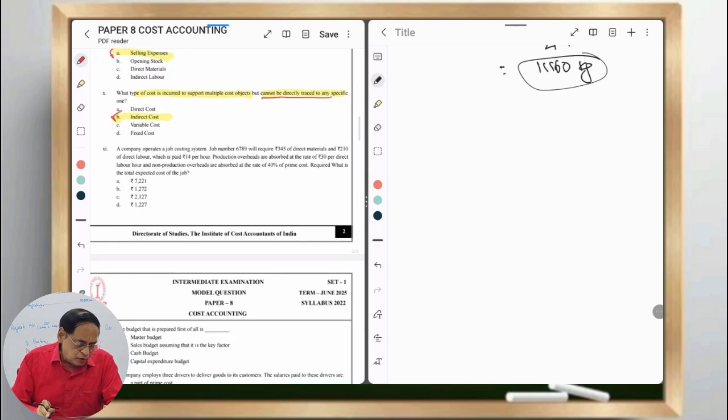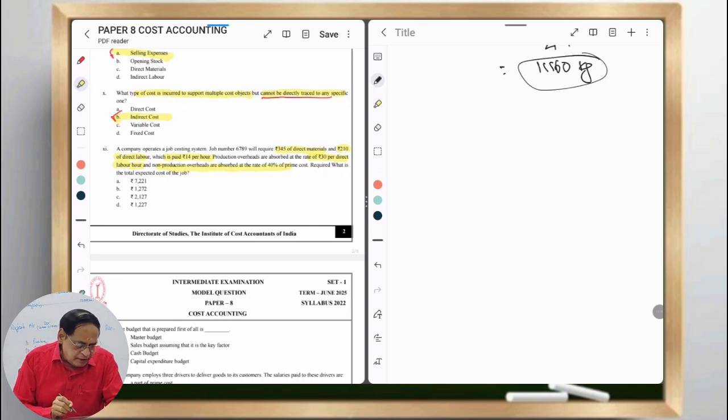And then this is an important question. We have to calculate. A company operates a job costing system. Job number 6789 requires rupees 345 of direct materials and 210 of direct labor, which is paid at rupees 14 per hour. Production overheads are absorbed at the rate of 30 per direct labor hour, and non-production overheads are absorbed at 40% of the prime cost.